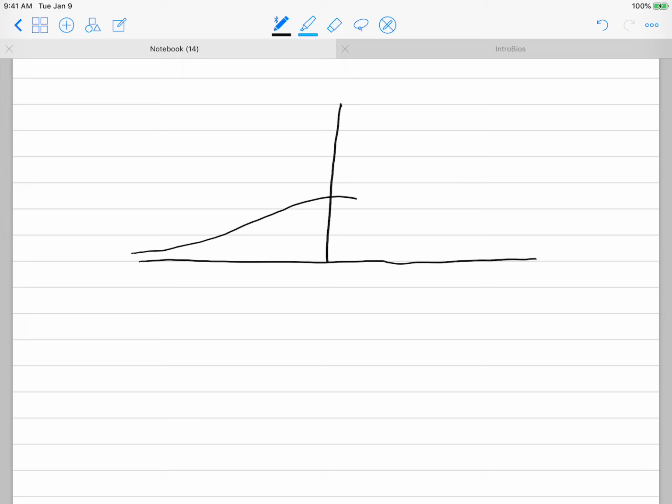It should have heavier tails than the normal distribution. So I'm going to call this a t-distribution with 24 degrees of freedom.